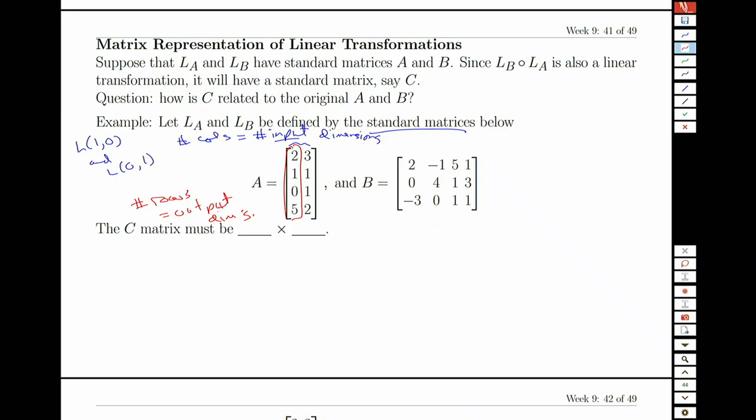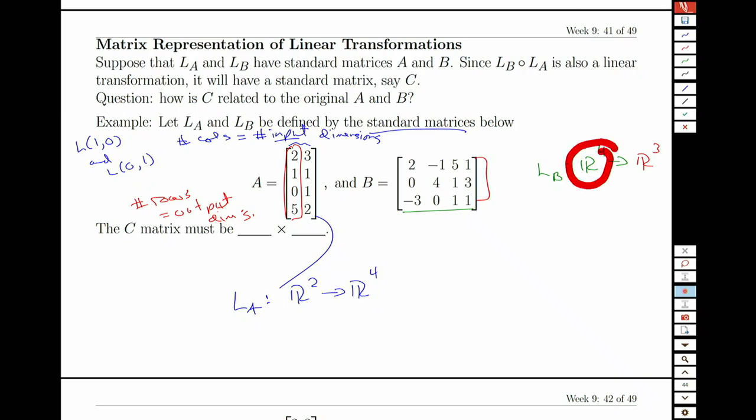And so that means that our transform represented here by the matrix B, let's write this out actually, LB maps from 4 dimensions, R4, to the number of rows, which is R3, while the first transform mapped from R2 to R4. 2 columns, input was 2-dimensional, 4 rows, output 4-dimensional.